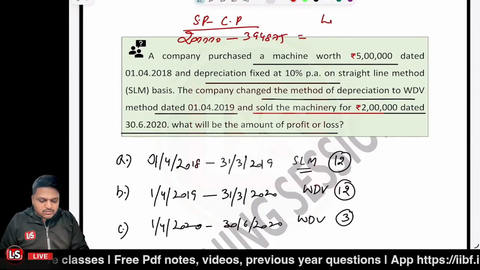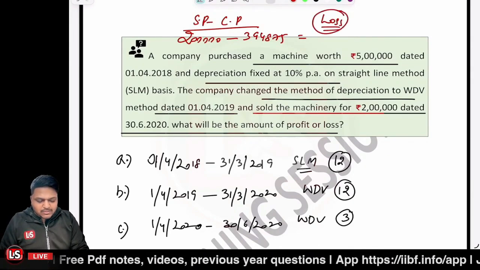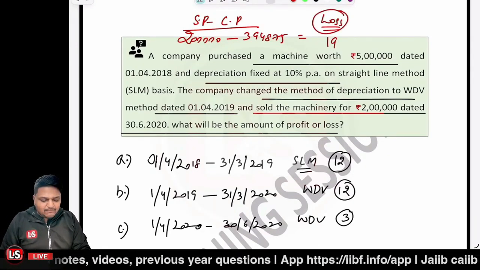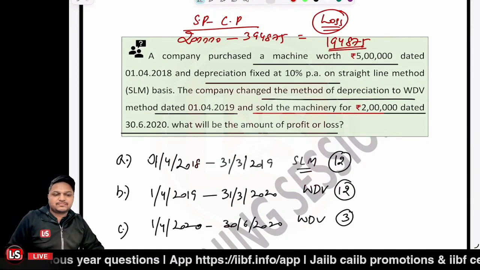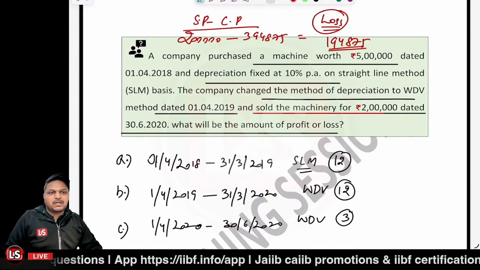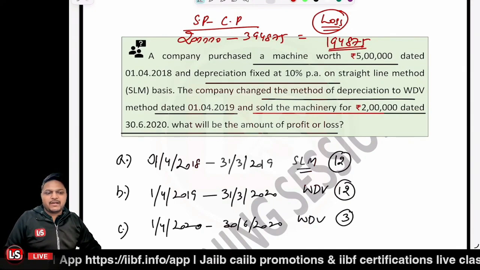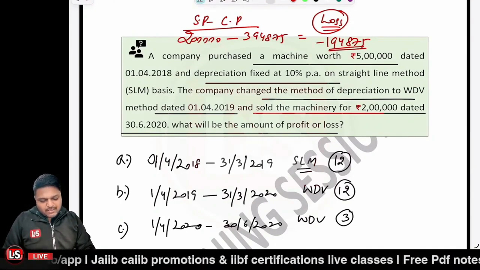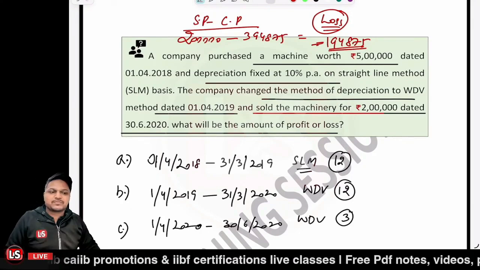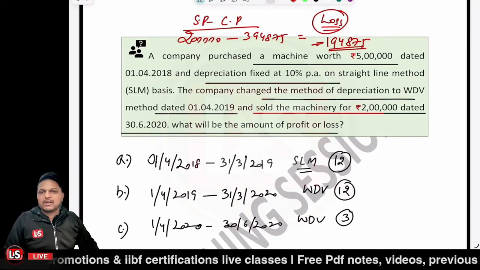So what will be the loss? Loss is 1,94,875. This is the loss incurred to the company, right? Have you understood the numerical so far?